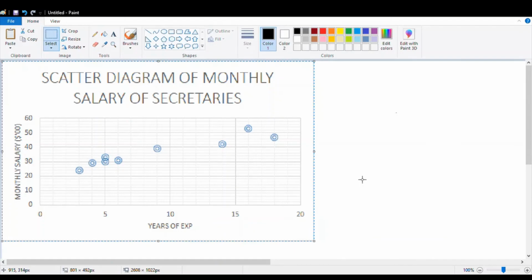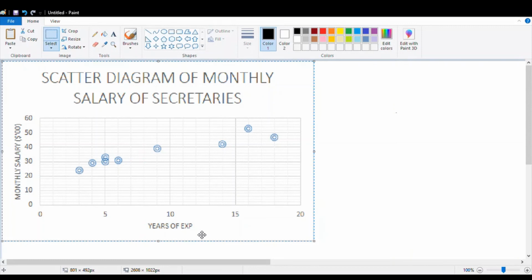Okay, so this is the scatter diagram that you should draw just now for the example 3.2. Okay, so as I mentioned before this, the title is wajib, and you need to labelkan y-axis dan juga x-axis here. Okay, and then kena buat using the graph paper.